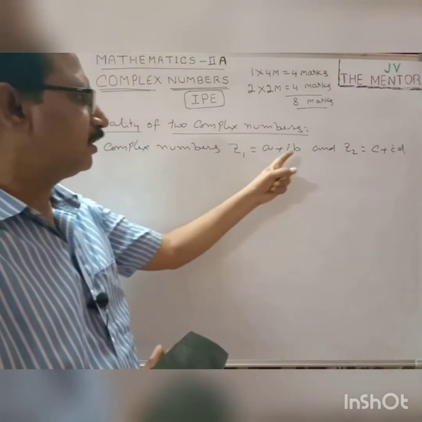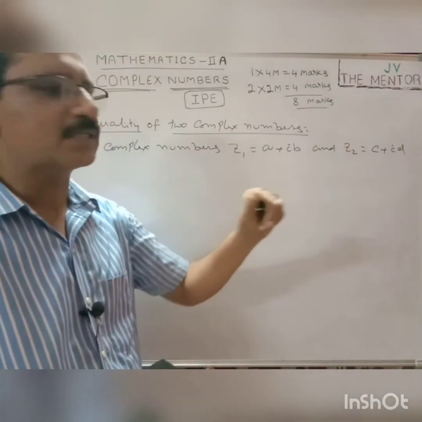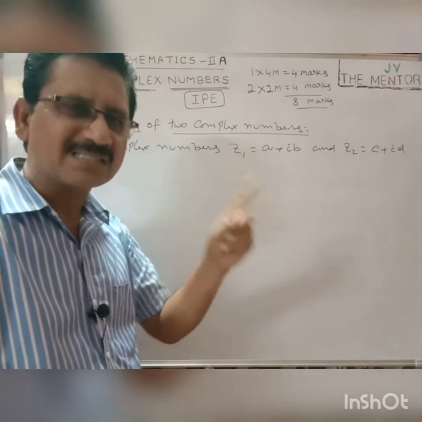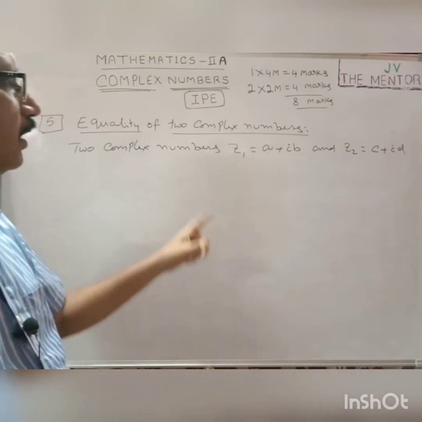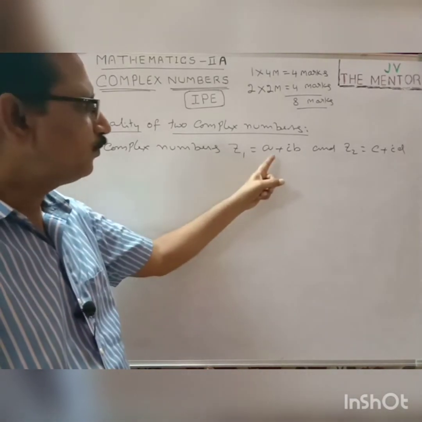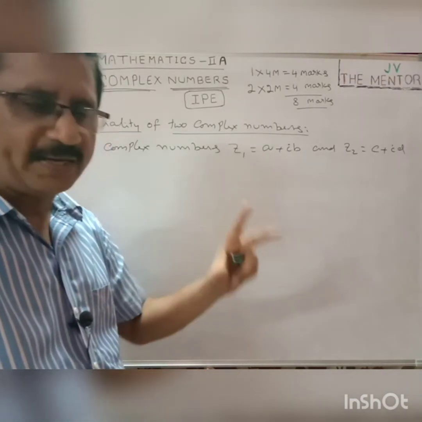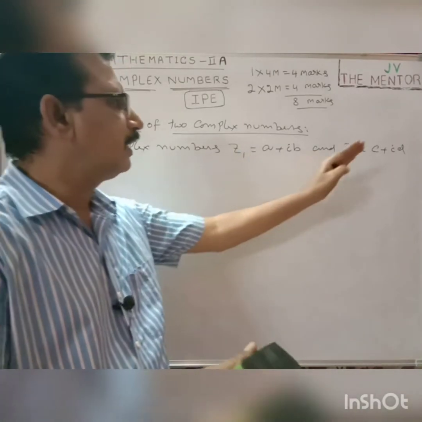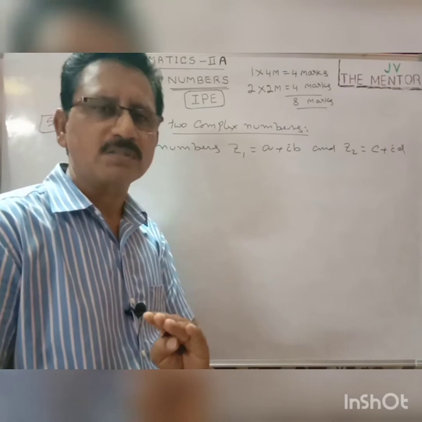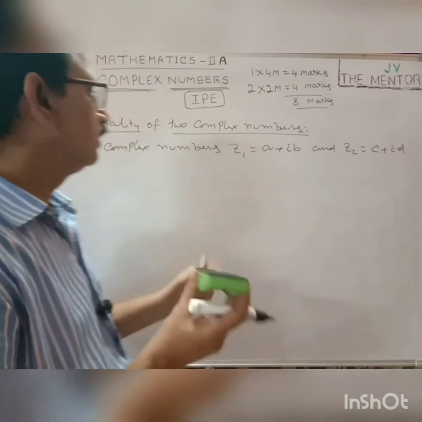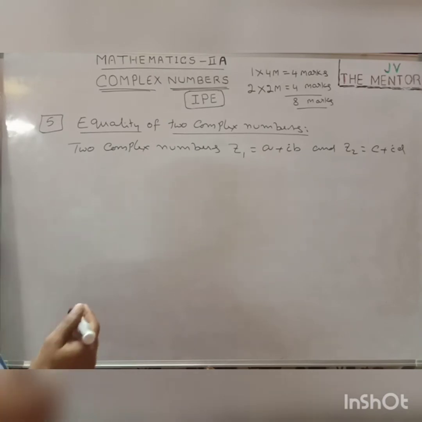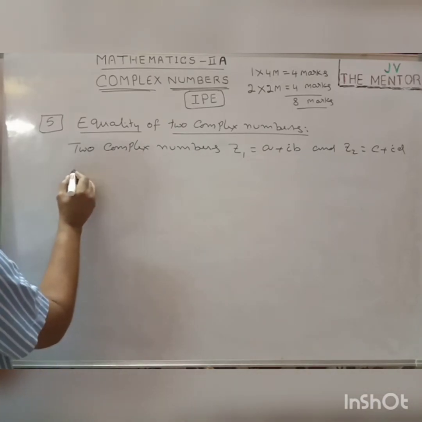These two complex numbers are said to be equal if in both complex numbers the real parts are equal and also the imaginary parts are equal.